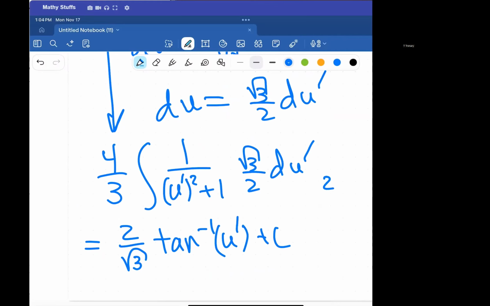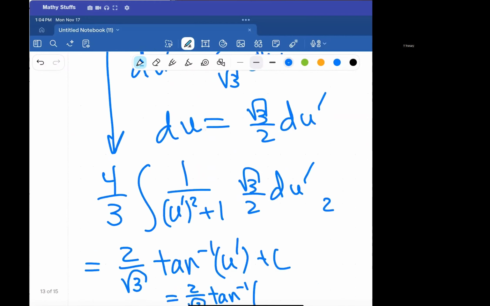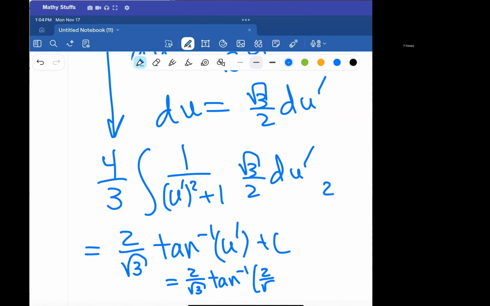So this is going to be 2 over root 3 arctan of u prime, which is 2 over root 3, and then times u, which was x minus a half. Now there's some more simplification that could happen there, but we're going to be very satisfied that we've left things that way. And this friend is our answer.